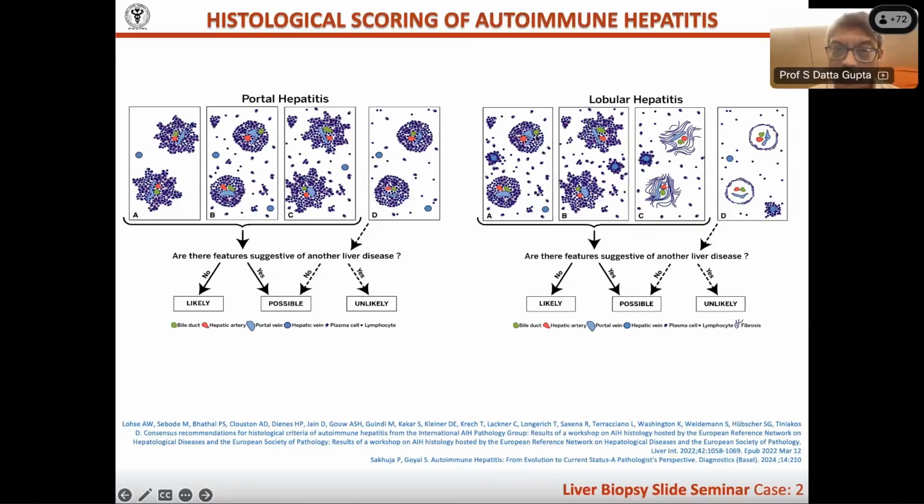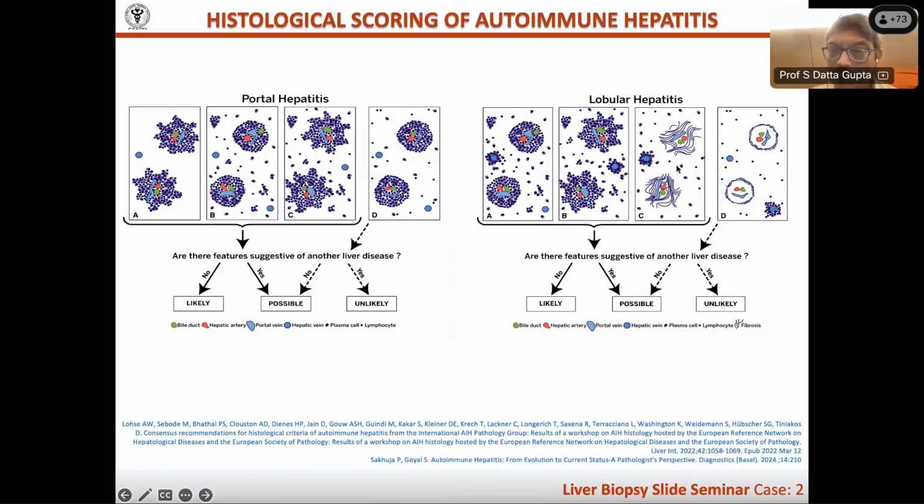Now, if you find predominantly lobular, a lot of lobular inflammation with interface hepatitis without any other reason, then definitely it is likely to be autoimmune hepatitis. Other diseases must be excluded.